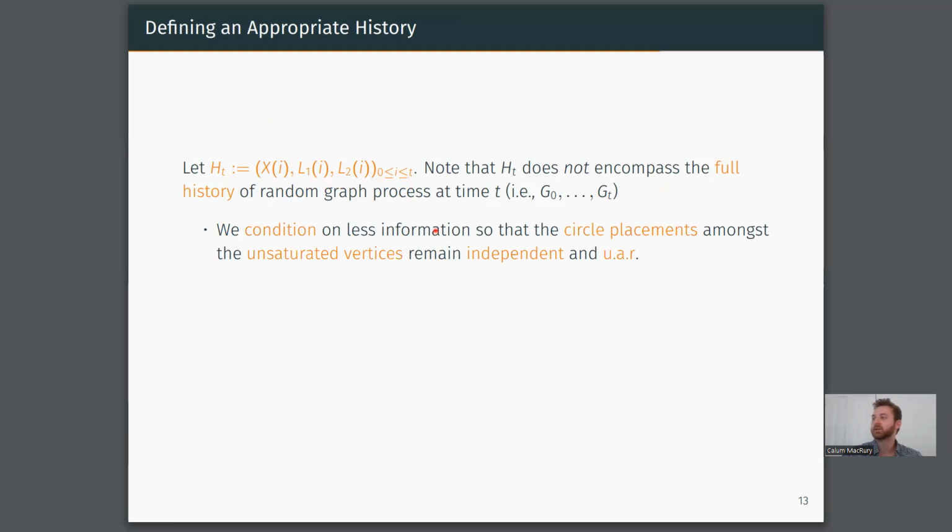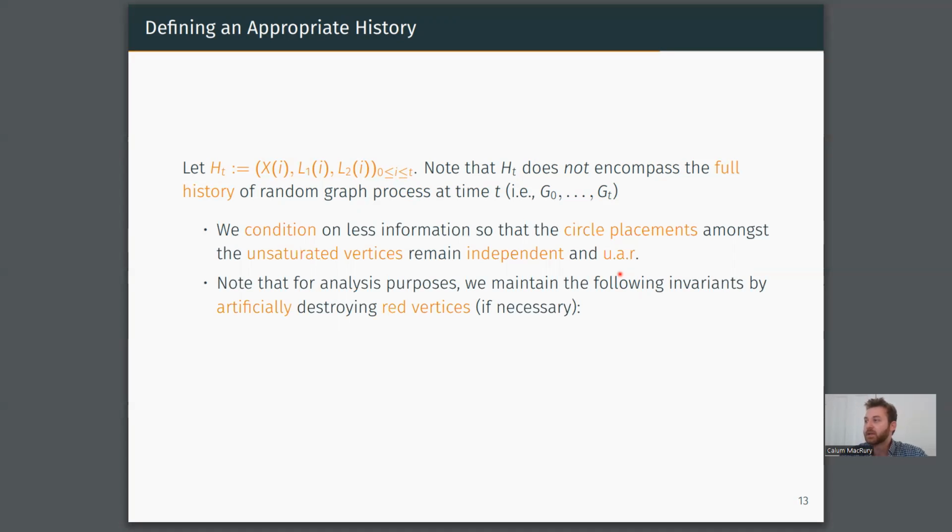The reason we do this is because we want to ensure that the circle replacements amongst the unsaturated vertices remain independent and uniform at random. If we conditioned on the full history, then this wouldn't be the case, and it makes deriving the one-step changes to our random variables much more challenging.